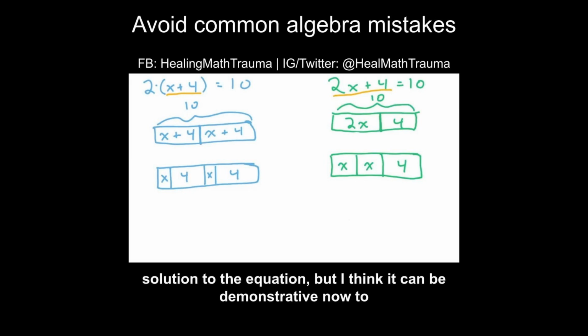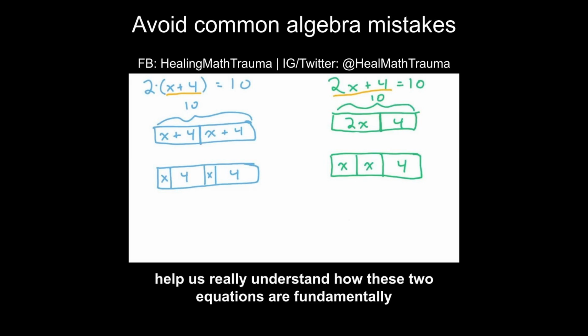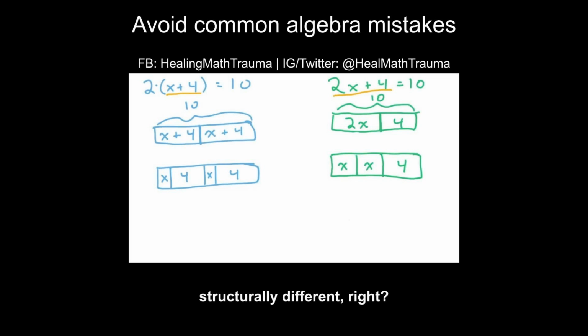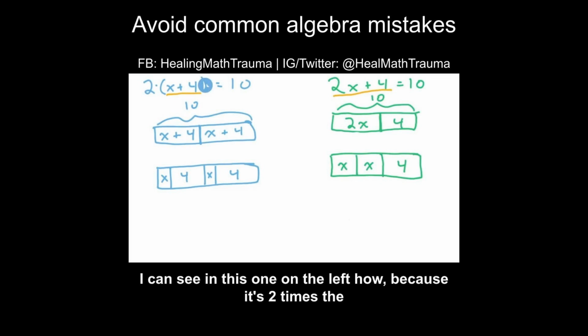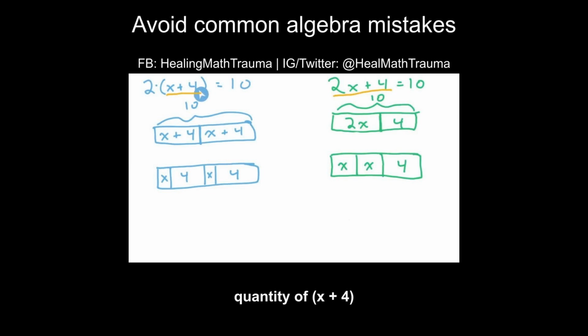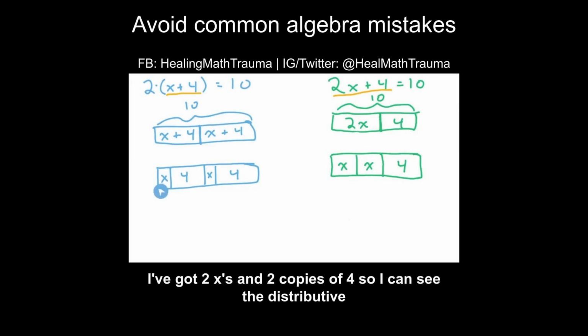But I think it can be demonstrative now to help us really understand how these two equations are fundamentally structurally different. I can see in this one on the left how because it's 2 times the quantity of x plus 4, I've got two x's and two copies of 4.